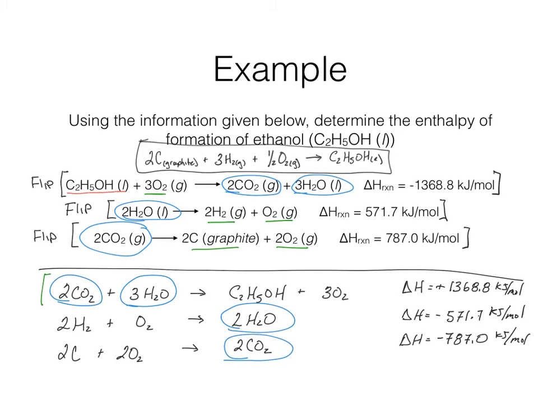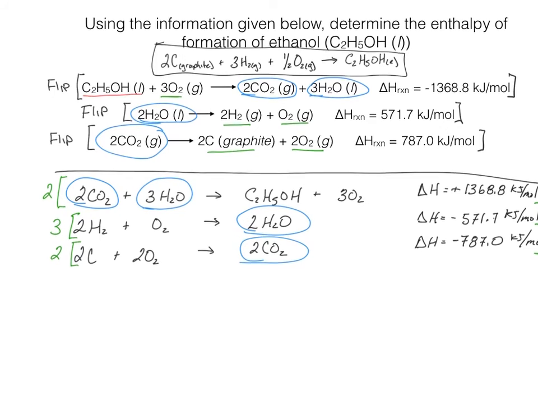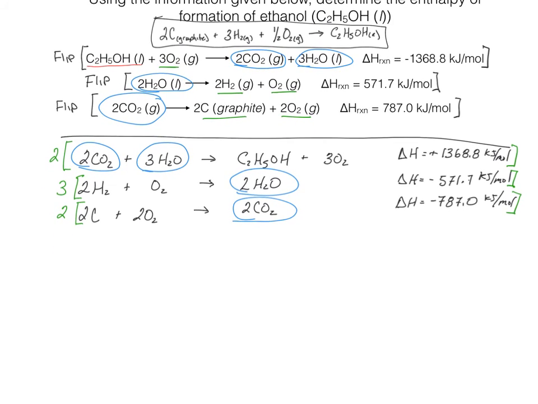And so to get them to cancel out, I'm going to multiply this first reaction by 2, and I'm going to multiply the second reaction by 3. But when I do that, I'm going to mess up my CO2. So I'm also going to multiply this third reaction by 2.